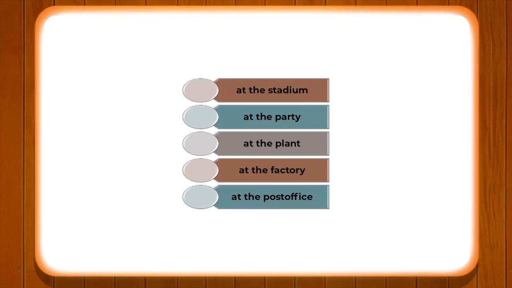If the question is где работает ваш друг? Мой друг работает на почте, на фабрике, на заводе. So accordingly you have to use this construction with the preposition на.